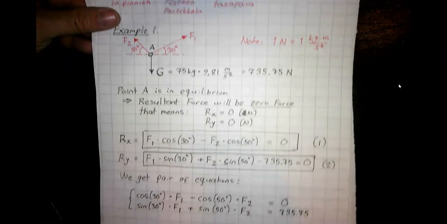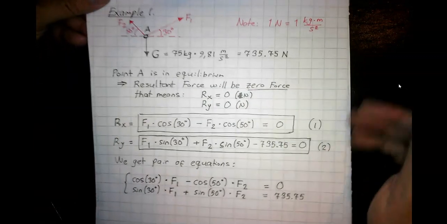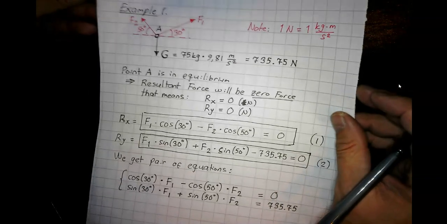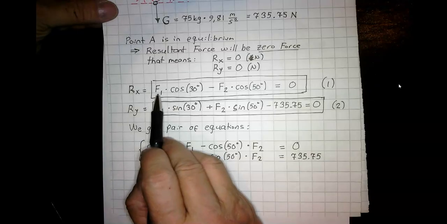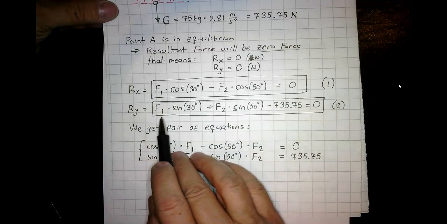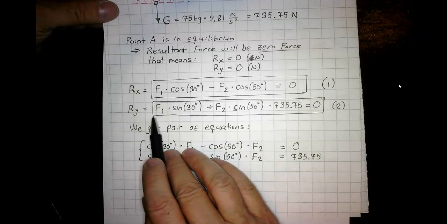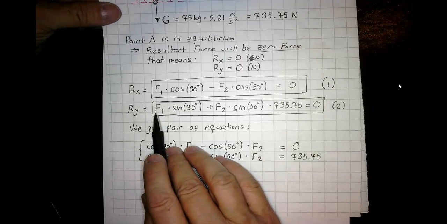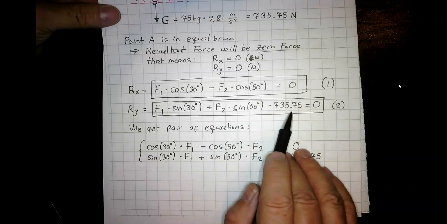We need to do the same as we did in resultant problems. We created the resultant X, or the horizontal resultant force, and then resultant Y, Ry, or the vertical resultant force.